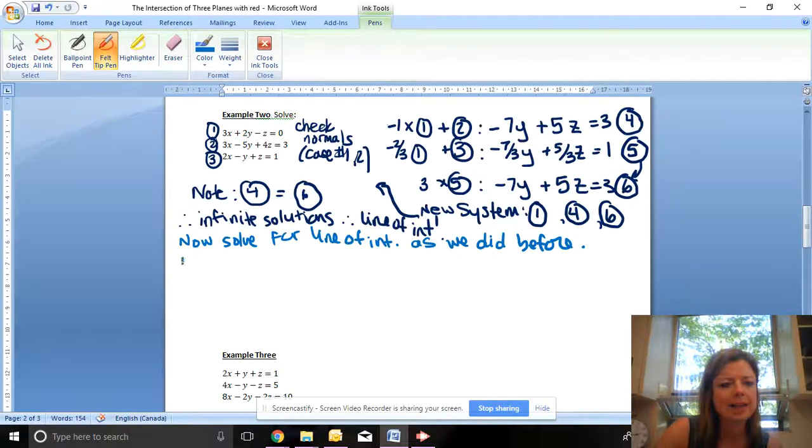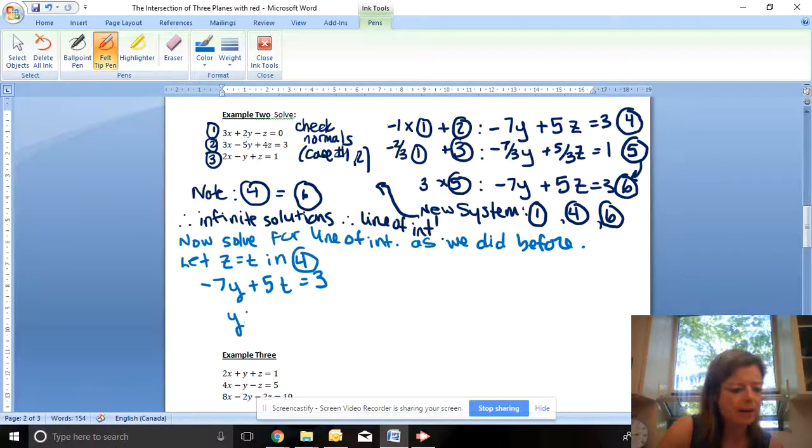Okay, remember we introduced a parameter, so we're going to say let z equals t in equation 4. So you get negative 7y plus 5t equals 3. So if you isolate y, you get 5/7 t minus 3/7.